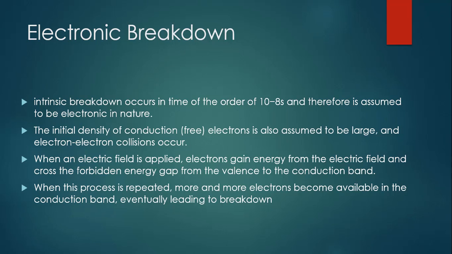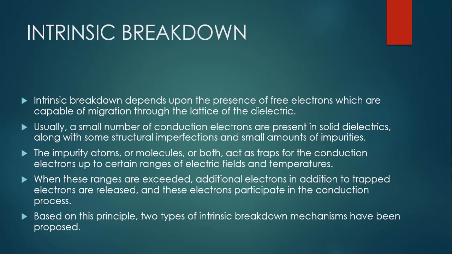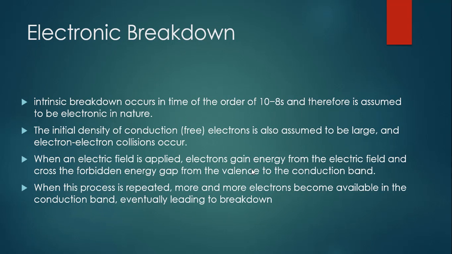So one is the electronic breakdown. The intrinsic breakdown occurs in a time of the order of 10 to the power minus 8 seconds. Therefore, it is assumed to be electronic in nature.